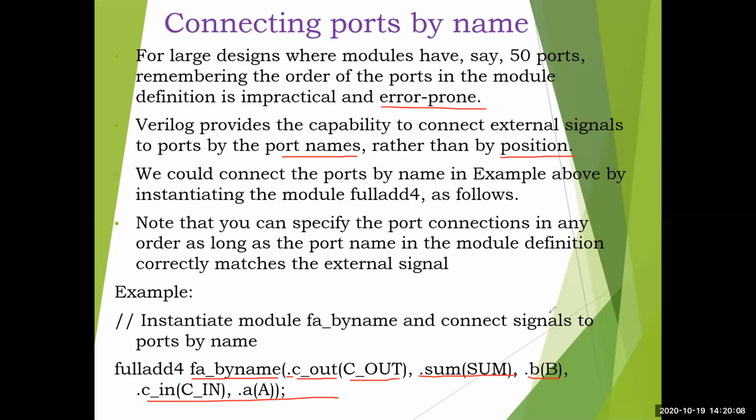So here you can change the order. See here, b is written first, a is written next, the order is changed, but it will not give a problem because whatever value is there, it will be saved in that only. What you have used in the stimulus block and design block should be matched here, the name should be matched, not the position. So that is about connecting ports by name.